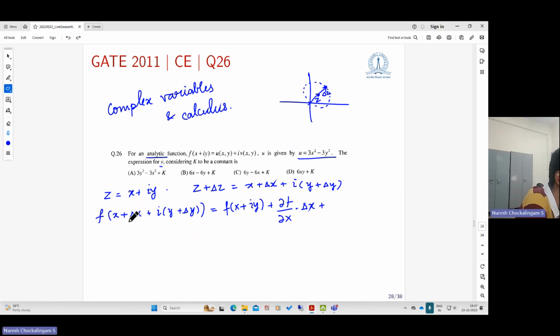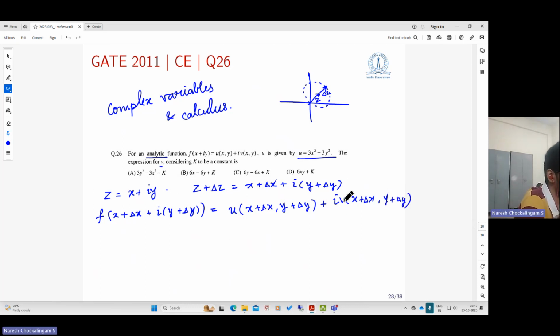So this is the real part of it, x plus delta x. This is nothing but u of x plus delta x comma y plus delta y plus i v of x plus delta x, y plus delta y.